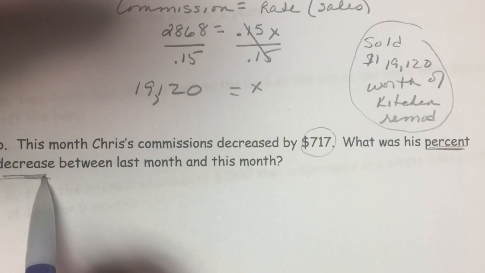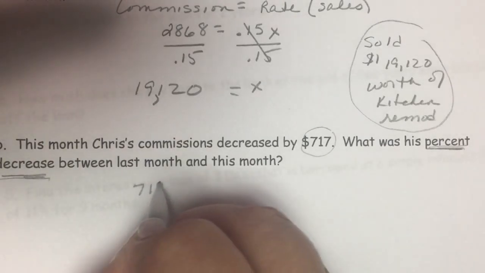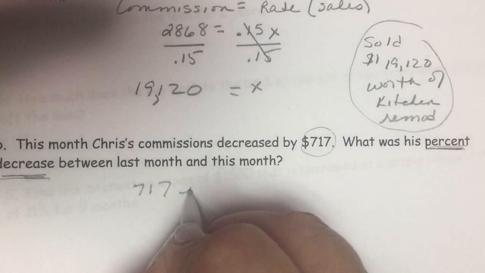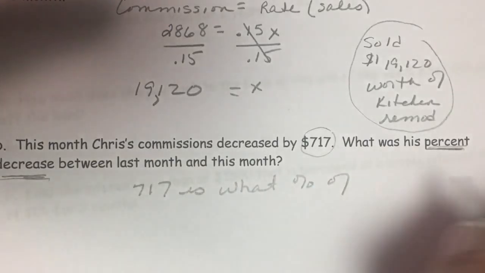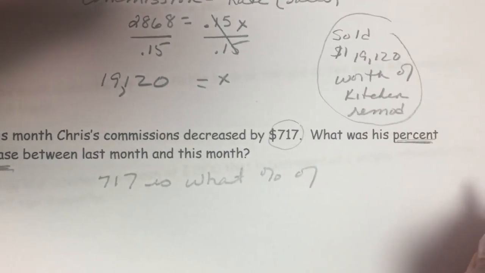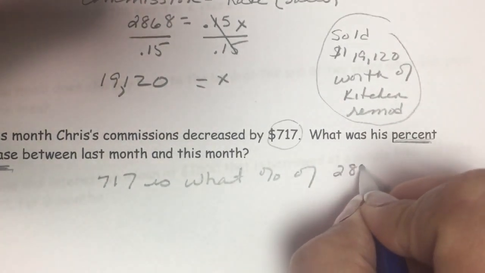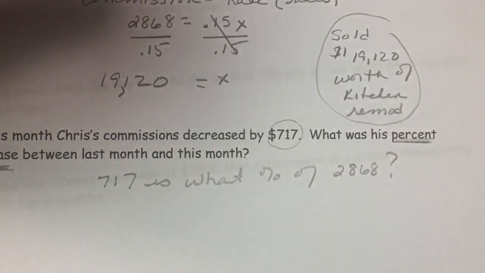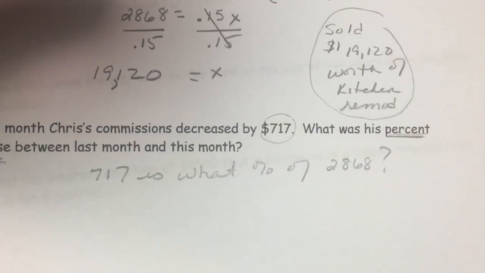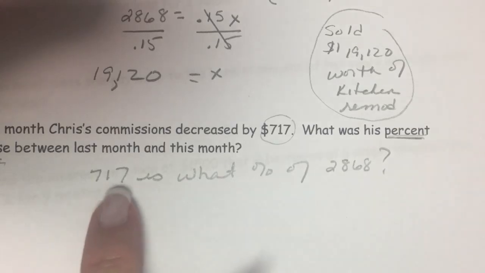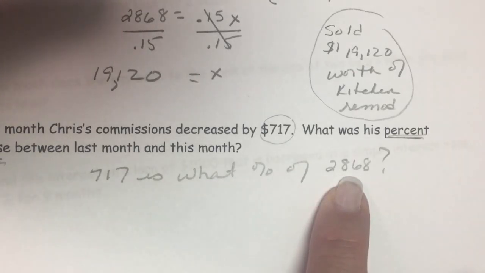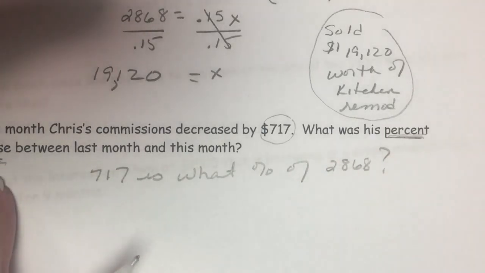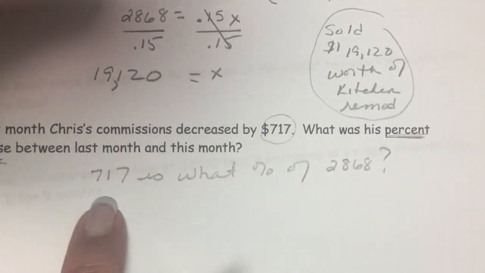So what we can do is we can say $717 is what percent of, and what was his commission last month? It was $2,868. That's really all we're looking for. So his decrease is what percent of his amount last month? Because it says, what was his percent decrease? This is the decrease. That's how much it went down.